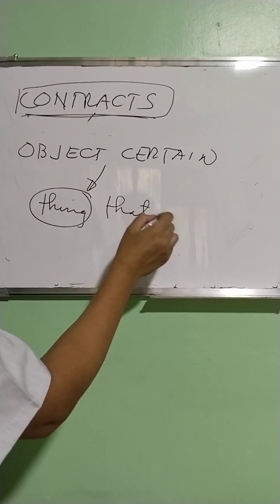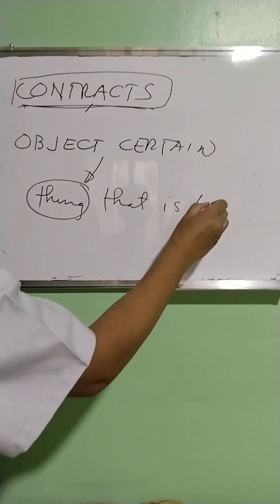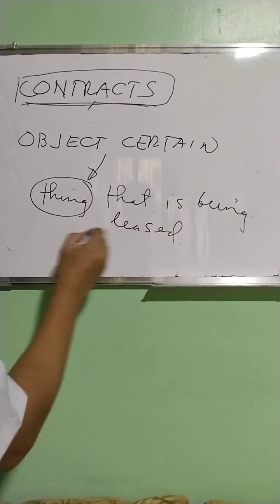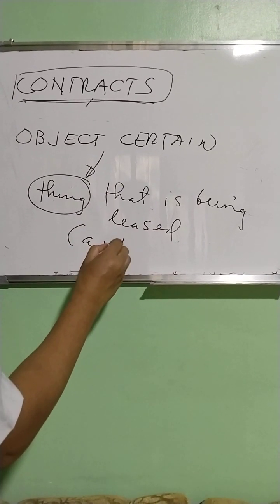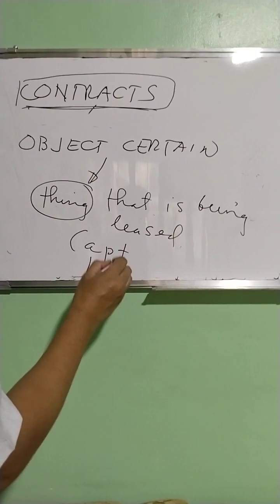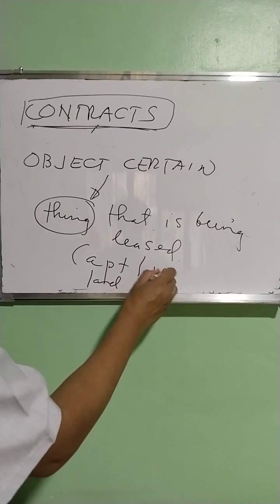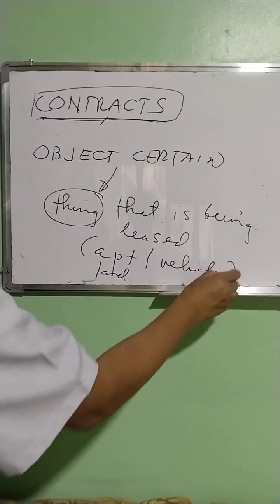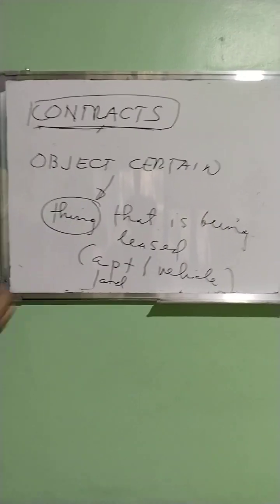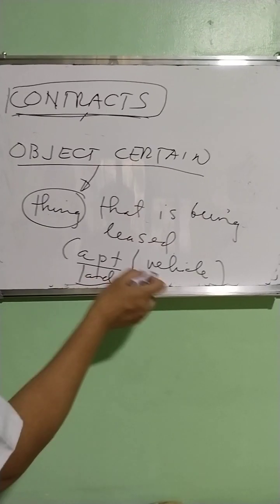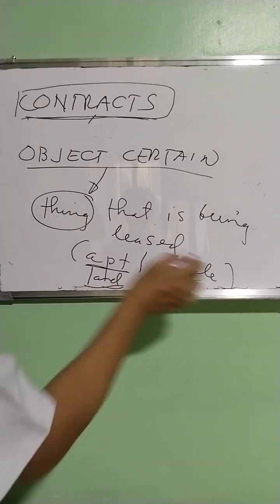Say for instance, if it is an apartment or a land, or a movable property like a vehicle, would also be leased. Clear? So this is the object certain. Remember that you need to be specific as to the apartment, as to the land, or to the vehicle.